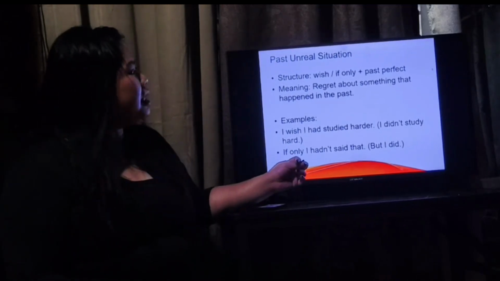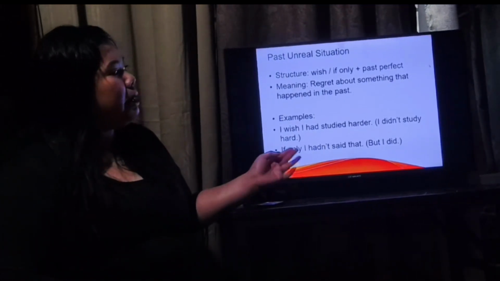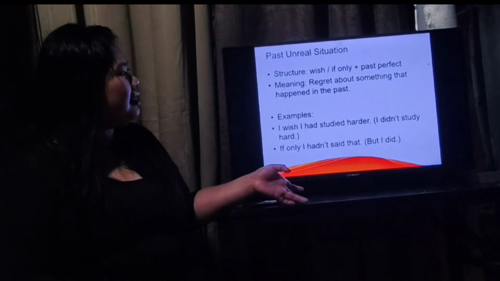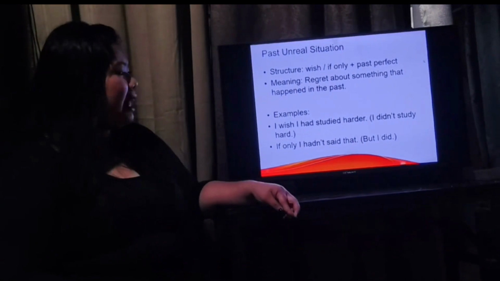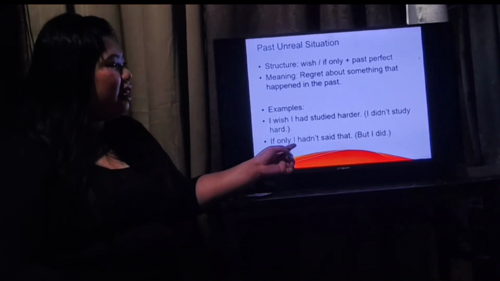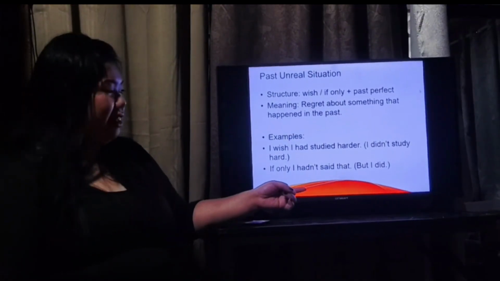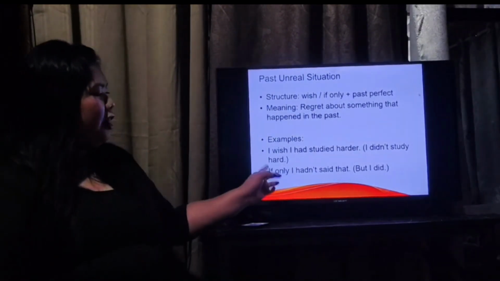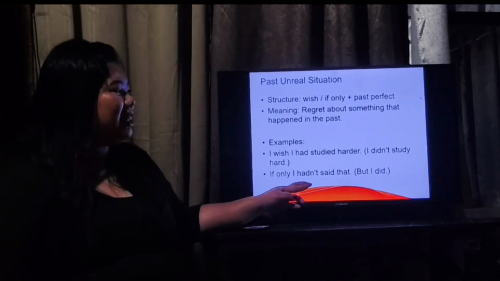For the past, the structure is wish or if only plus past perfect tense, meaning regret about something that happened in the past. Examples are I wish I had studied harder, meaning I didn't study hard. Second is if only I hadn't said that, but I actually did.